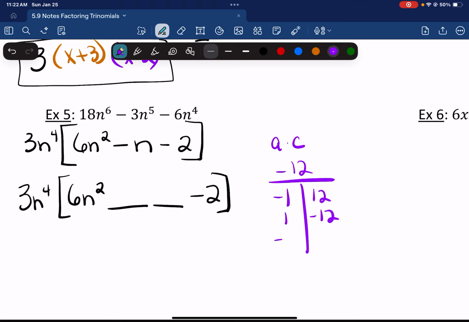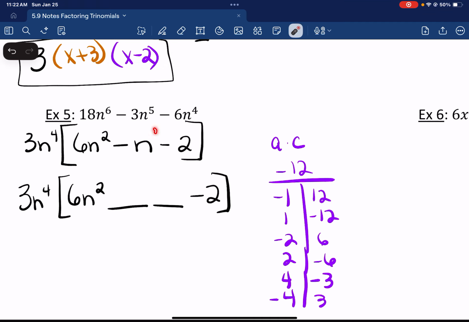We could do negative 2 times 6, or positive 2 times negative 6. And then, of course, we have our positive 4 times our negative 3, or our negative 4 times our positive 3. And again, we want our factors to combine and make a negative 1n. Remember, this is an understood 1. Negative 1n.